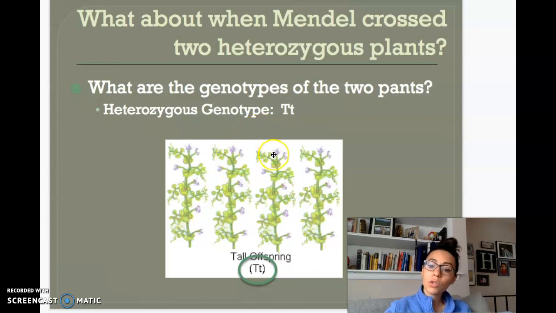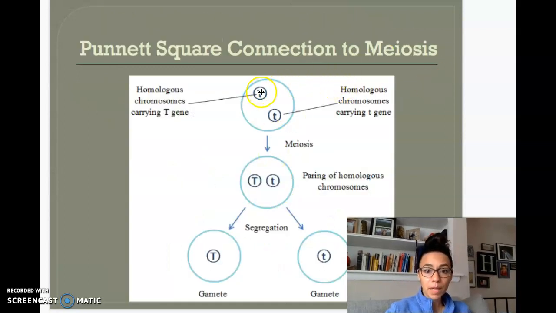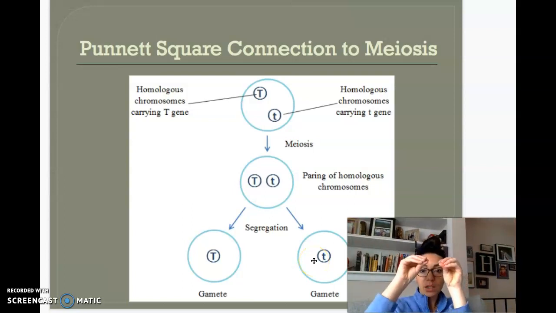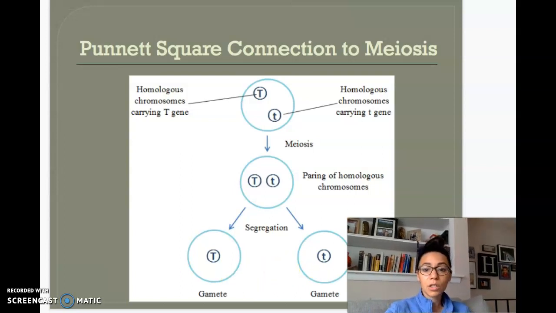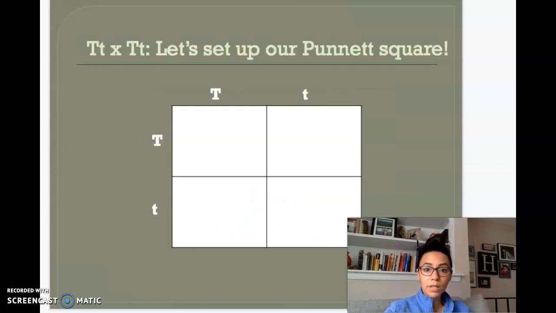If we cross two of these plants, remember from meiosis, each gamete, each sex cell, and plants have sex cells too, only has one allele for each gene. So the offspring have one allele from mom, one allele from dad, so they're going to have two alleles for every gene. In this case, the gene we're talking about is the gene for plant height, tall or short.